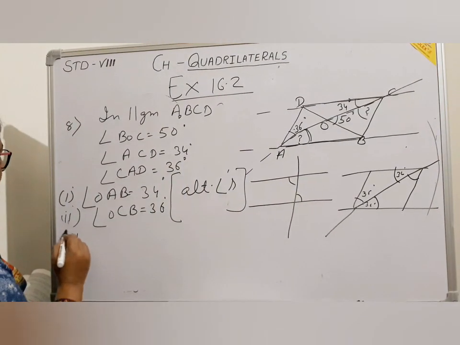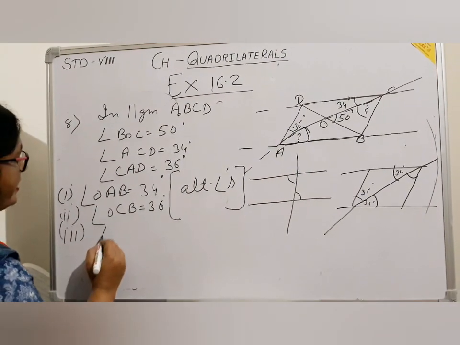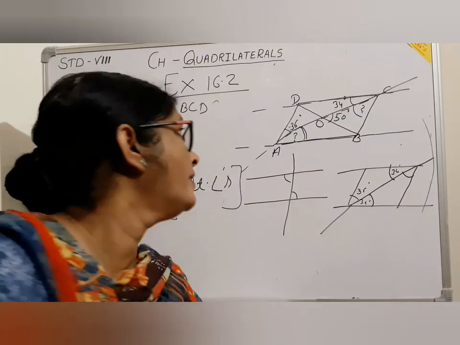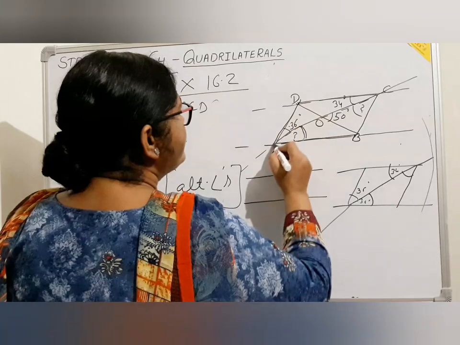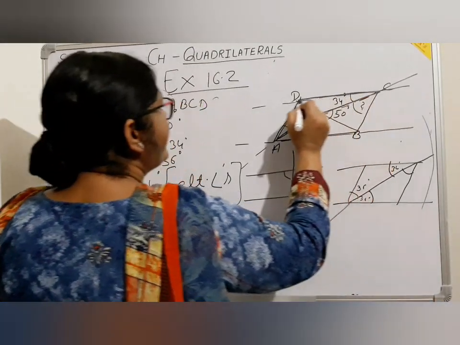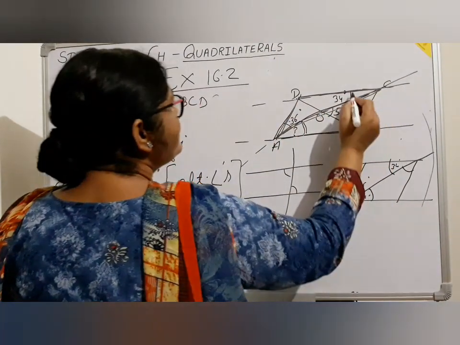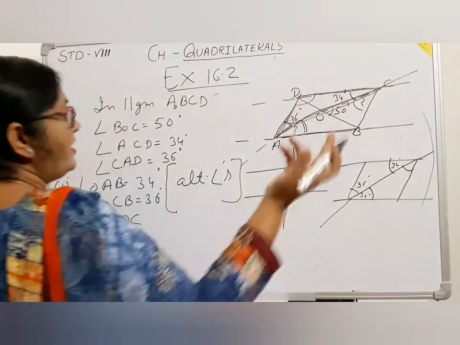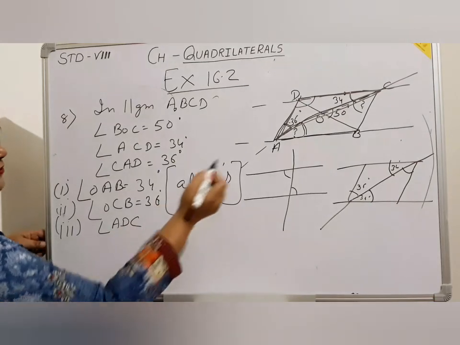Now in the third part you should find angle ADC. Very easy. This is a triangle. First angle 34, second 36 degree, and third you should find. How? Property of a triangle.